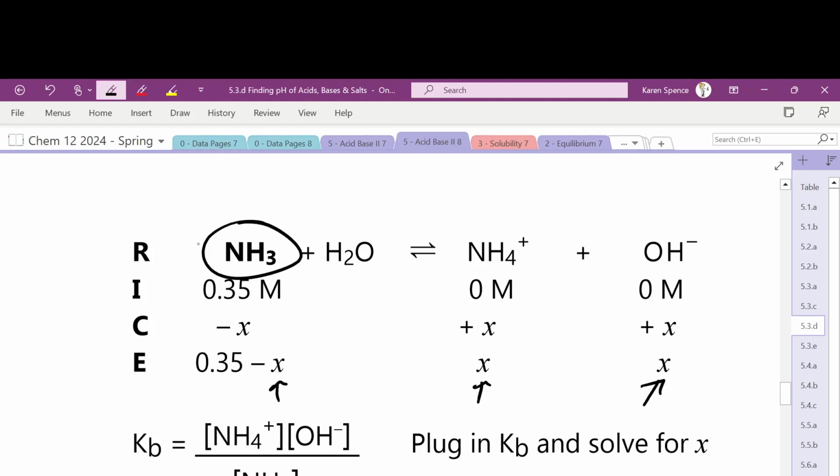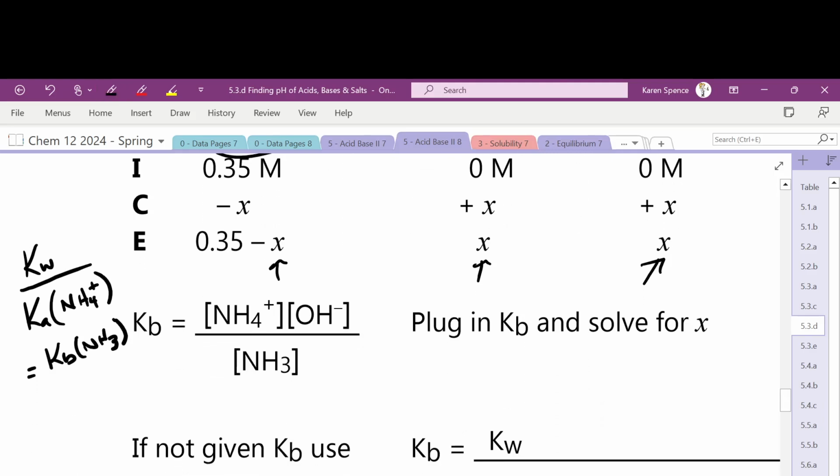How do I find the Kb for NH3? Kw over Ka of the conjugate acid NH4+ equals Kb of NH3. Other than that, it's all the same. Find hydroxide, convert, and off you go. All right, so that's nice.